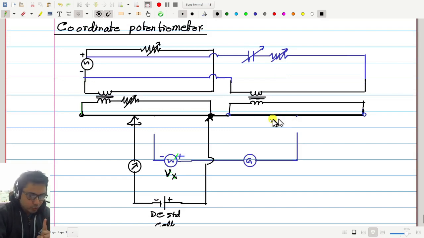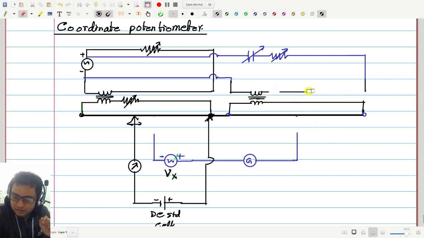And requirement 2, the phase of this voltage should be 90 degree out of phase from the voltage here. So we have two requirements. Now these two requirements we will satisfy simultaneously in the following way. For that I need a little space, so let me clean this part and make some space for me.